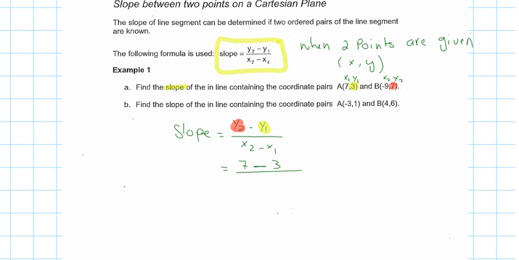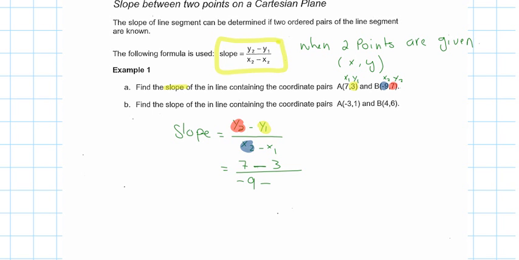Now, it's divided by x2. What's the value of x2? You guys agree? x2 is negative 9. So I'm going to replace x2 with negative 9. Minus, because I have the minus here. And then what's x1?